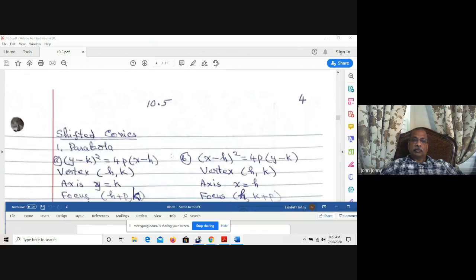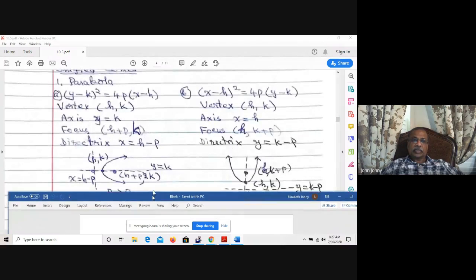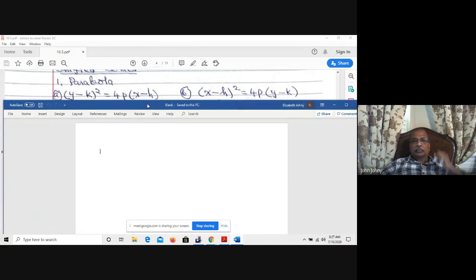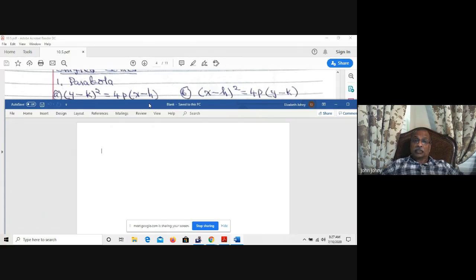Now, shifted conics. Shifted conics means the center is not necessarily the origin. So the first one, part A, is the parabola. Part A is y minus k the whole squared is equal to 4p times x minus h. Compare this with y squared is equal to 4px. In that case, h is 0, k is 0, so the center is 0, 0.